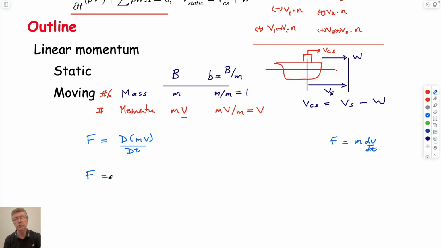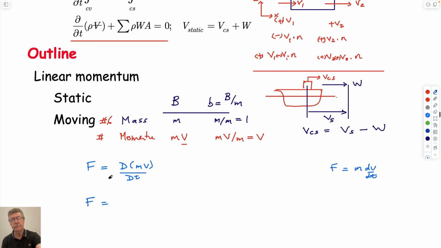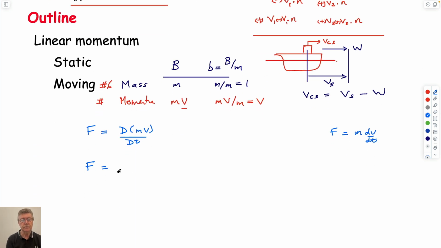F is equal to rho v dot n and area. That's a bad sigma.